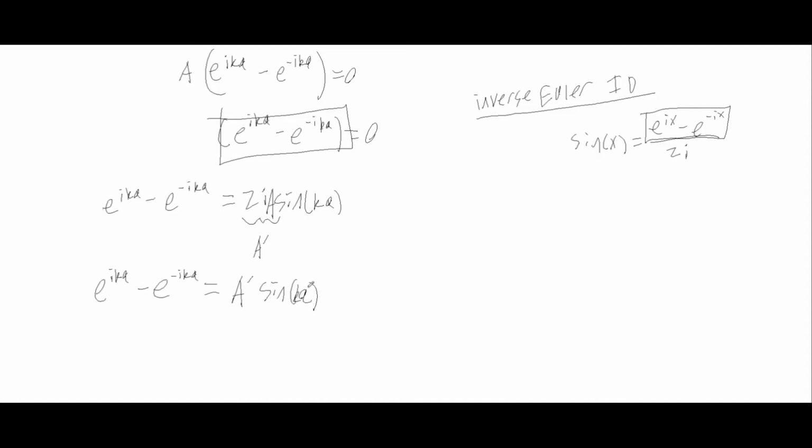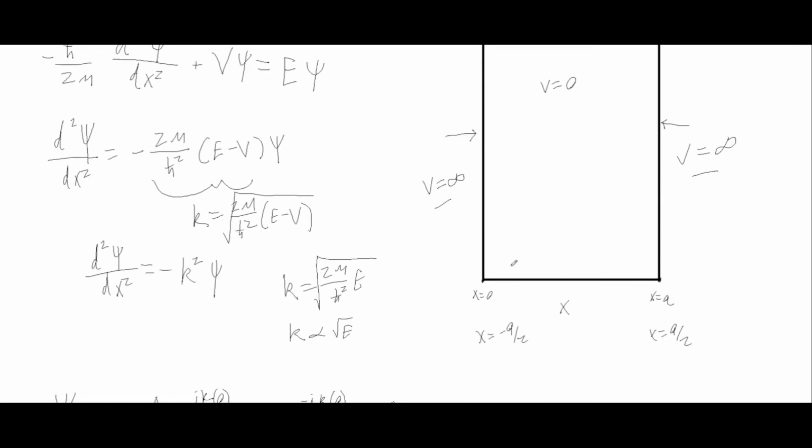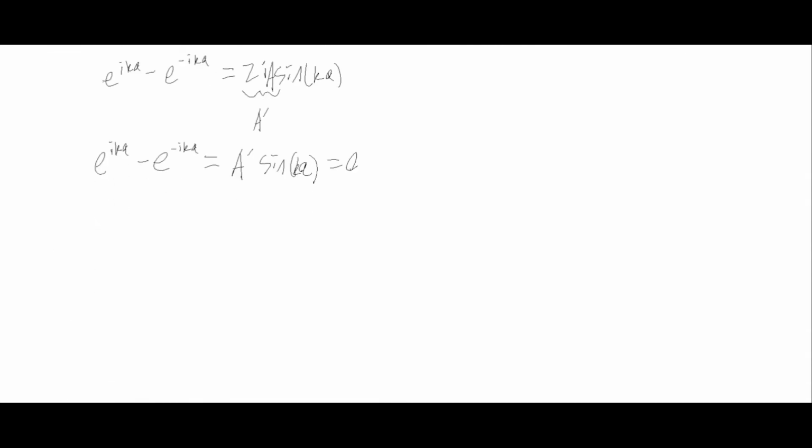All right, and we need this to still equal 0. We need this to equal 0 because when we're at a, remember this a is where we are in the x here. So x is equal to a. a is the length or the width of our well here.